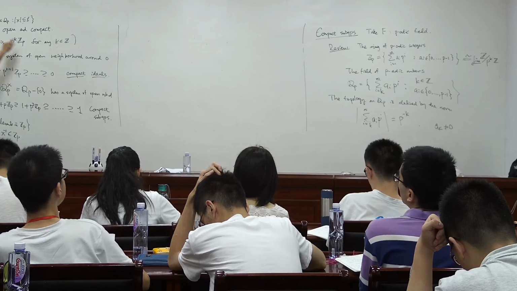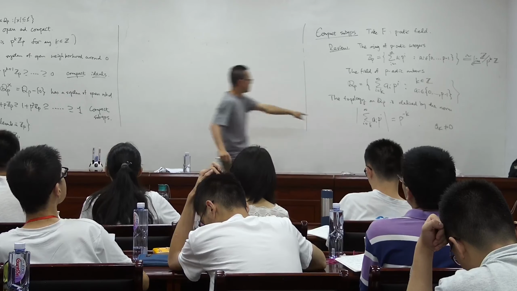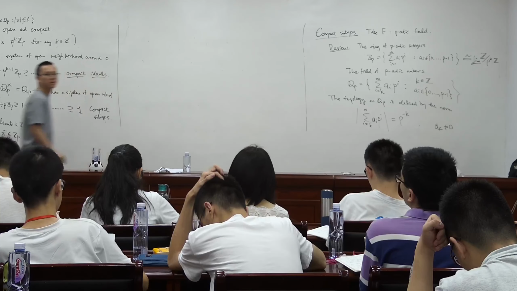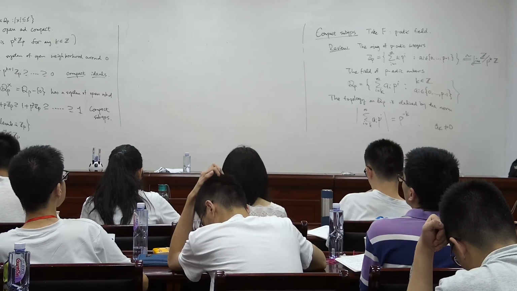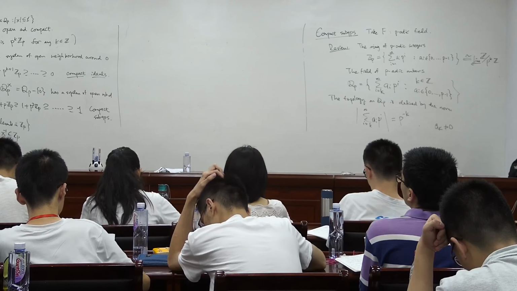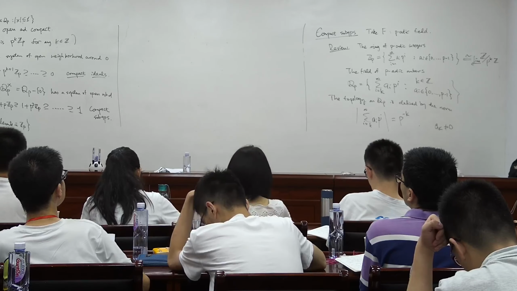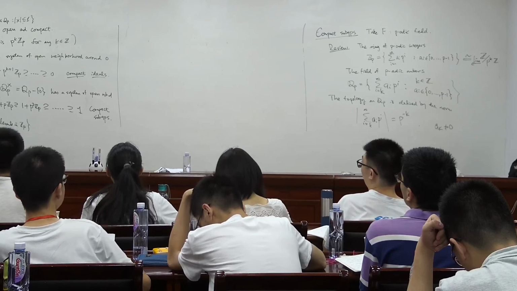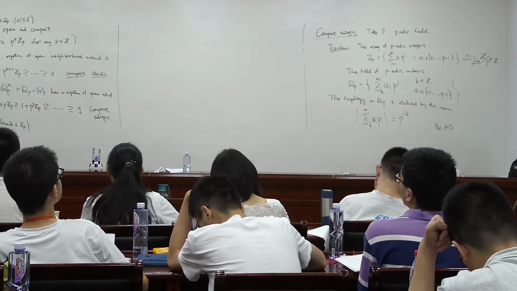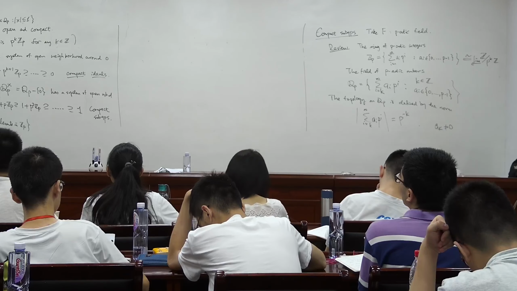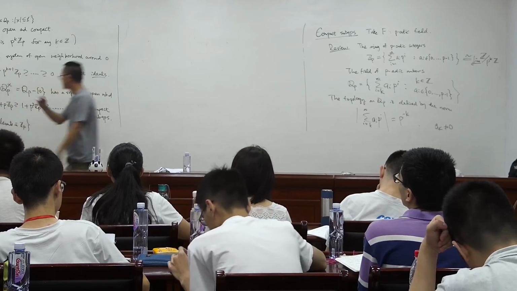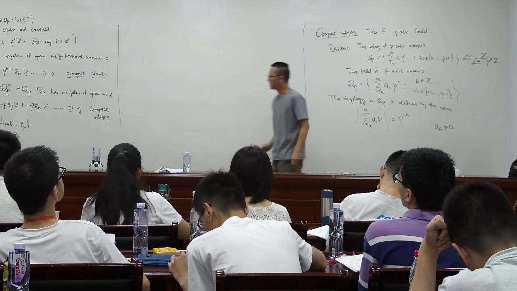It's also open because its norm is a discrete norm. And also for this one, this is all the elements with length 1, so this is like a circle in Q_p. So this is also compact.